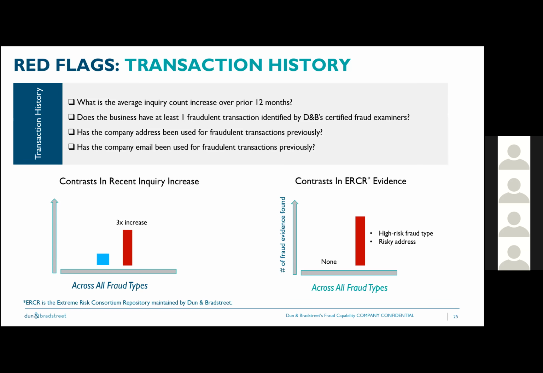Here on the right, like I mentioned earlier, we're also looking into DNB's proprietary fraud consortium result. We will be able to know if this case has already been reported for fraud, and maybe this address has already been used for fraud previously, and we're seeing that evidence from our own consortium. And we will be able to tell you if this case has already been investigated by our fraud examiners, and if so, what type of fraud this is.